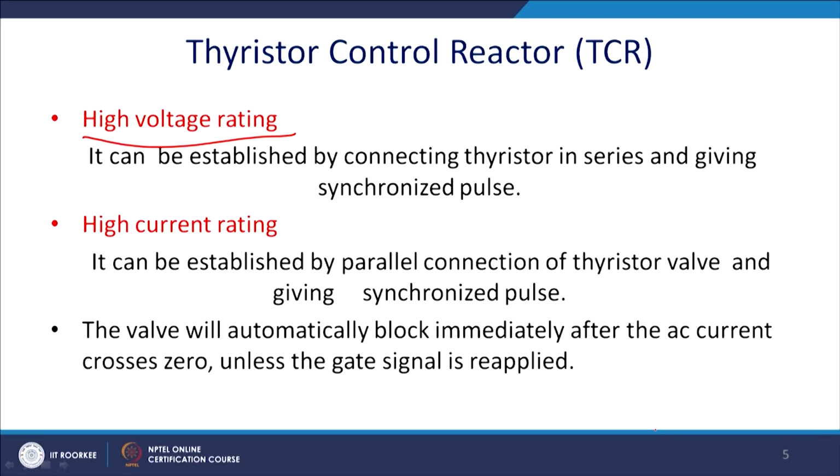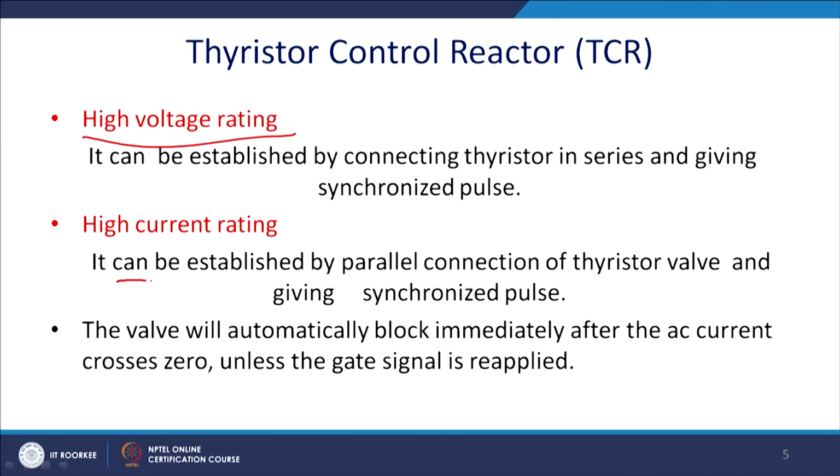In the same way, thyristors can be put in parallel to increase the current handling capability, by parallel connection of thyristor valves and giving synchronous pulses, so that they are simultaneously on in the parallel paths. The valve will automatically block immediately after zero crossing, so we have natural commutation, unless it is reapplied.